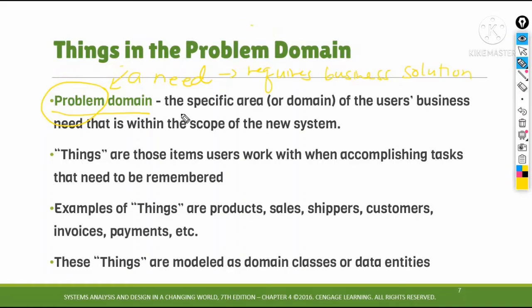So, problem domain is the specific area or domain of the user's business need that is within the scope of the new system.